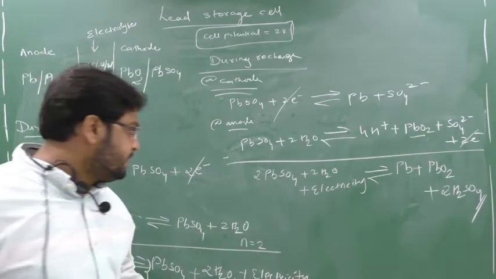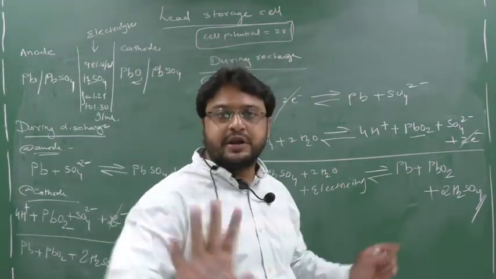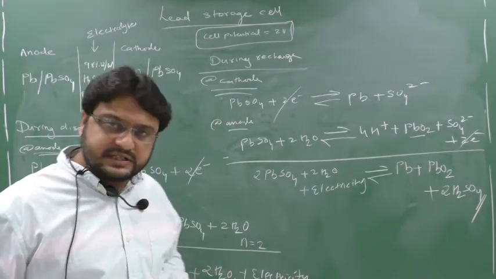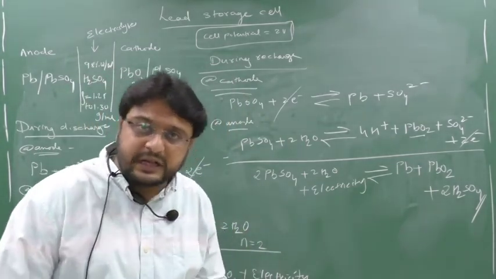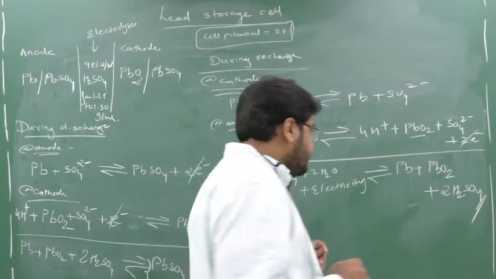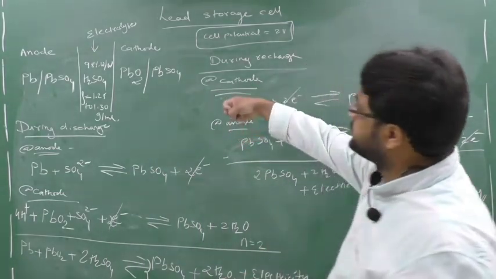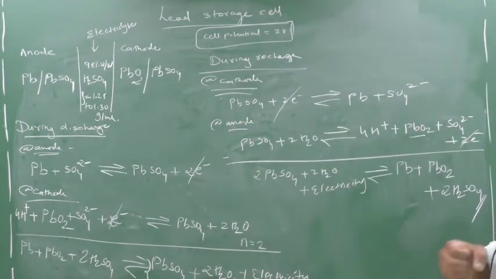But I will tell you one thing. The recharging of this cell is not 100% efficient. Why is it not 100% efficient? Because the chemicals have been used now. Clear? So what you have to do?